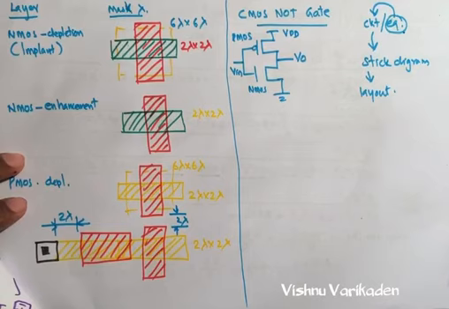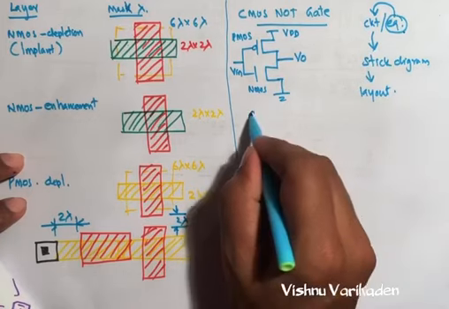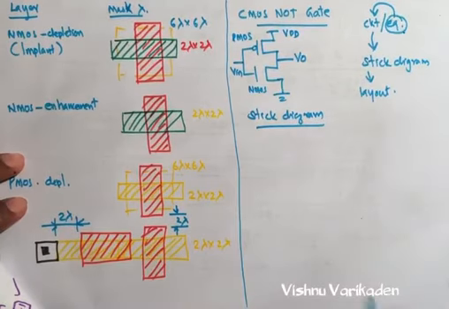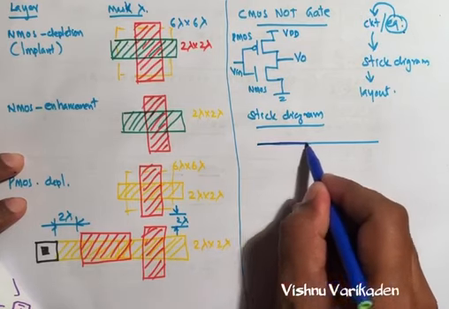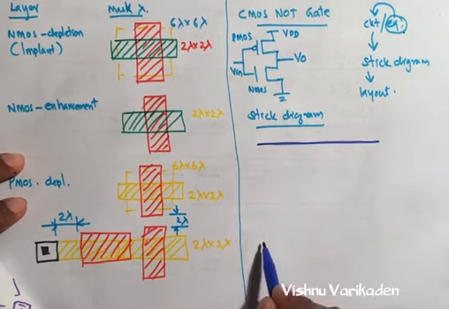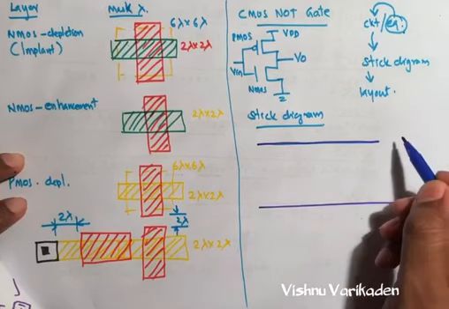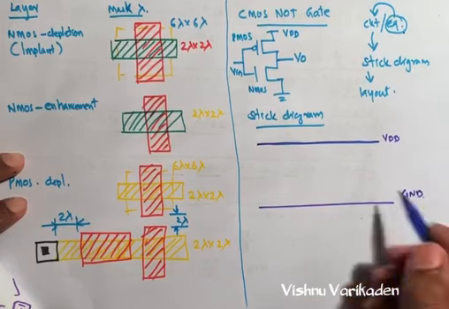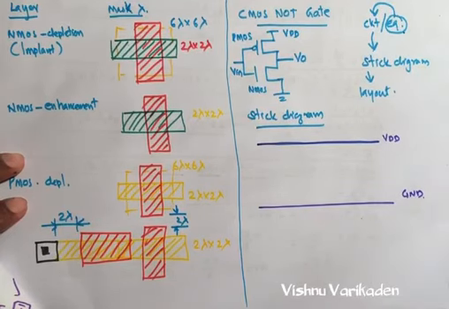First we will start from the stick diagram. In this stick diagram, the first thing is we draw the VDD and ground, that is blue. Then after that we can make the PMOS and NMOS transistor.